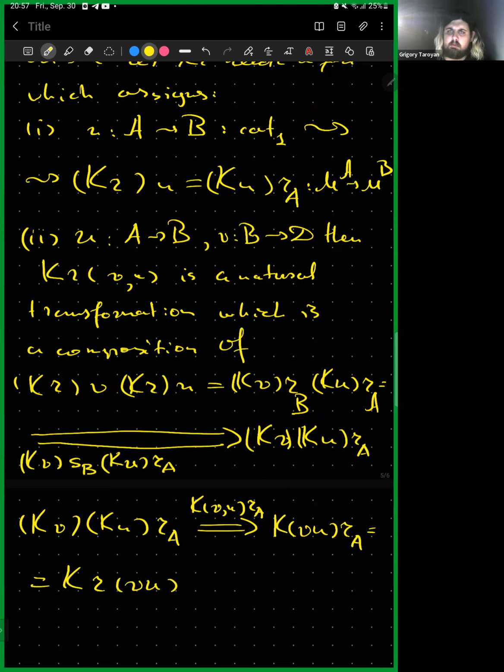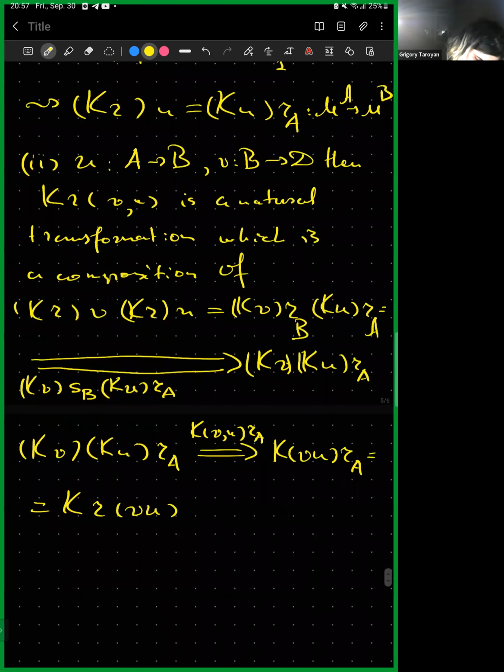And thus we obtain a transformation from KR V KR U to KR VU, which we will denote by KR VU.